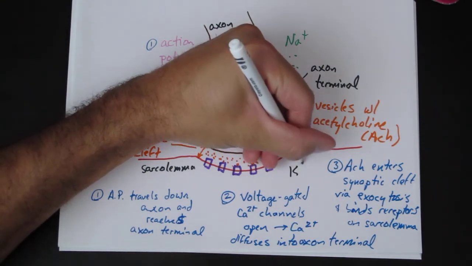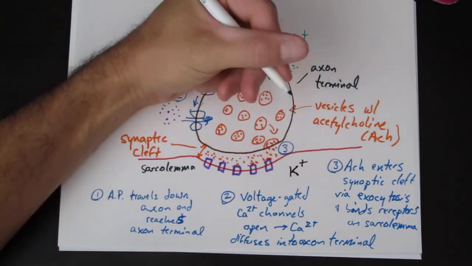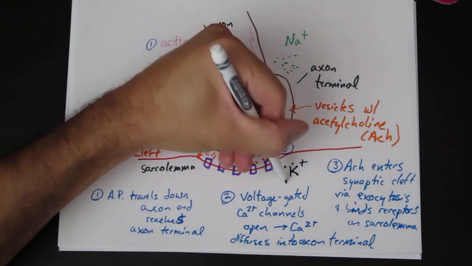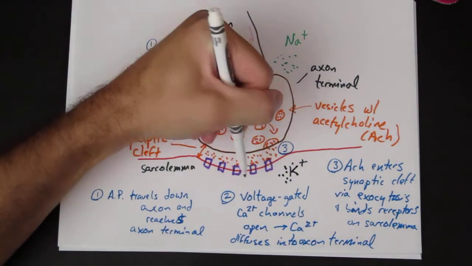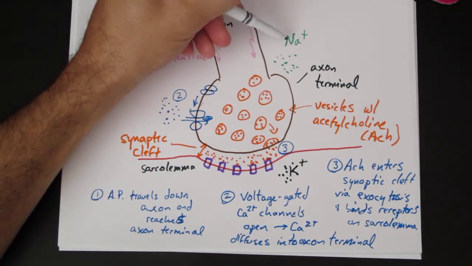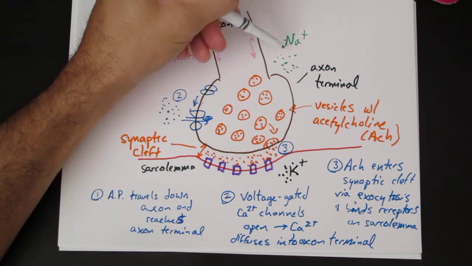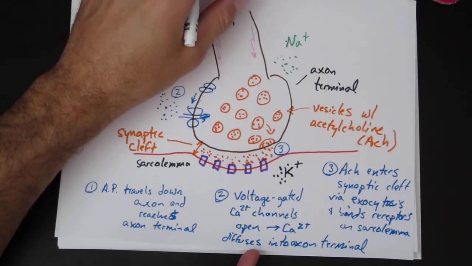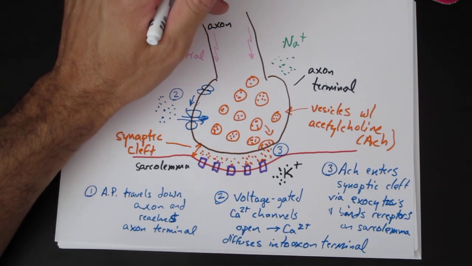So potassium is floating around here in the intracellular space. So when acetylcholine binds to these receptors and they open, sodium is going to diffuse into the cell and potassium is going to diffuse out of the cell.